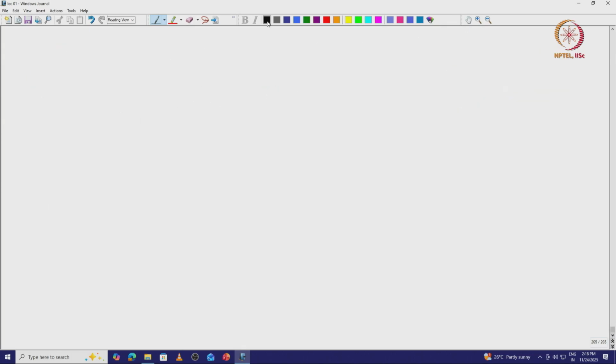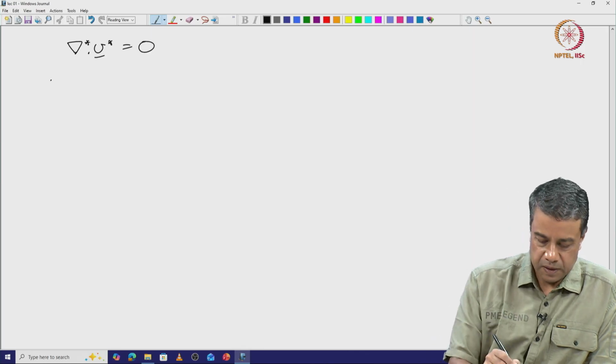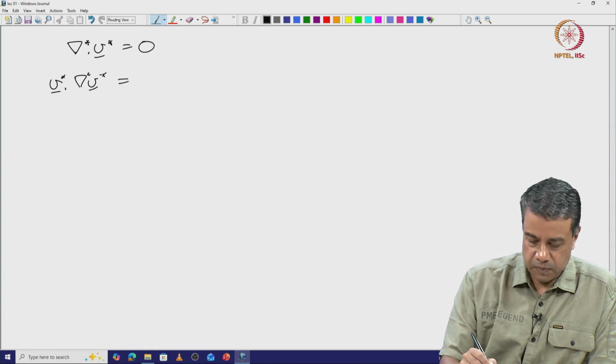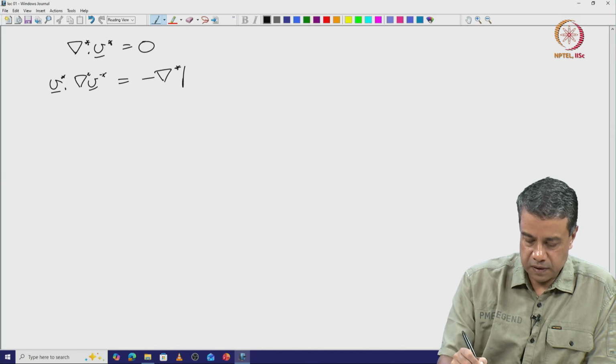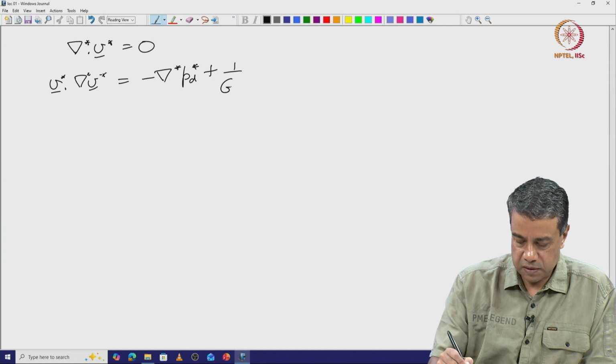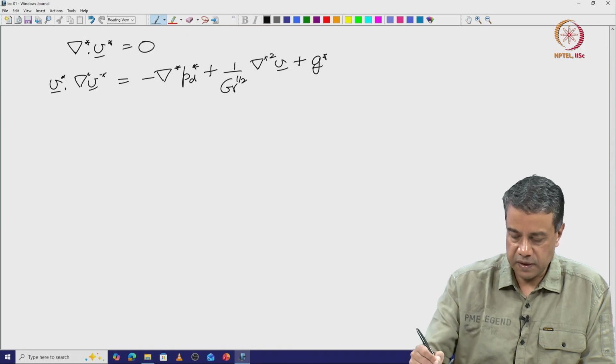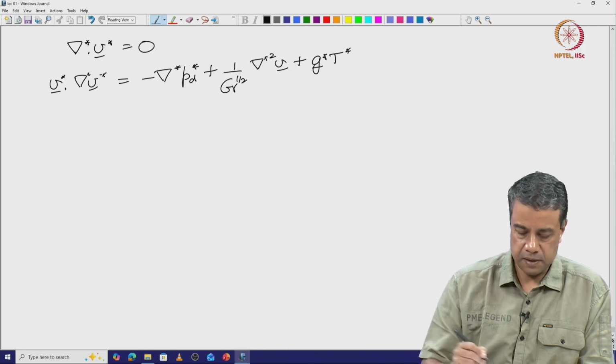So, to summarize the equations: the divergence of the velocity is equal to 0, mass conservation. V vector dot grad V vector is equal to minus the gradient of the dynamical pressure plus 1 by Grashof to the half del square V plus unit vector along gravity times T star.